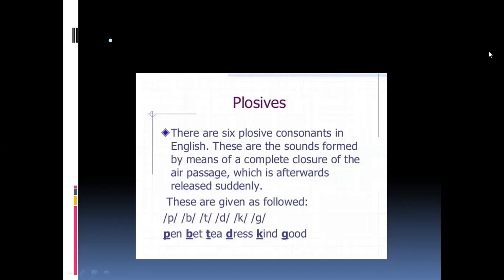For example, these are given as follows: pa, ba, ta, da, ka, ga. As we can see, p in pen, b in bed, t in tea, d in dress, k in kind, and g in good. These are the plosive consonants.